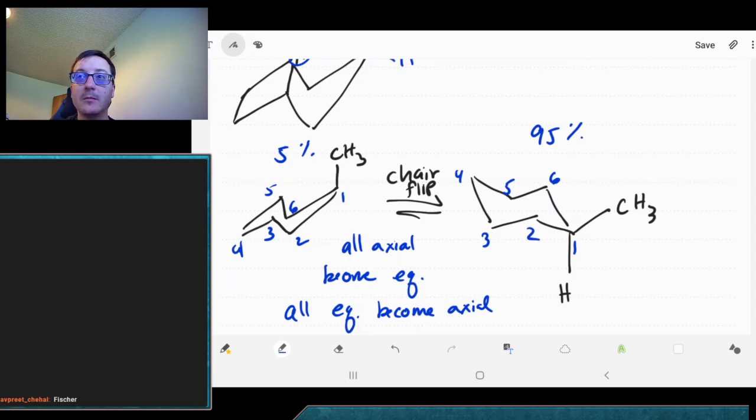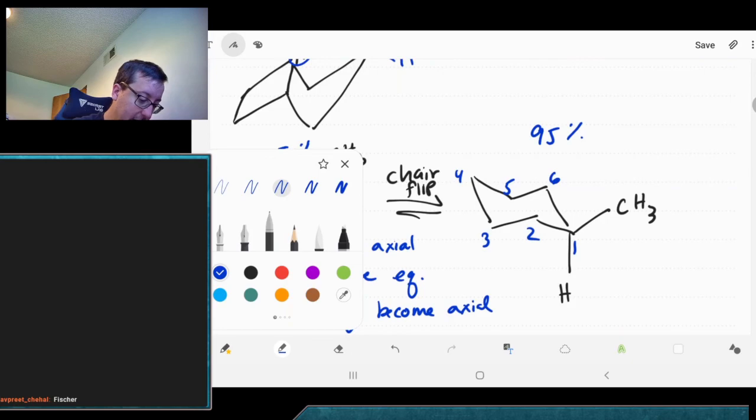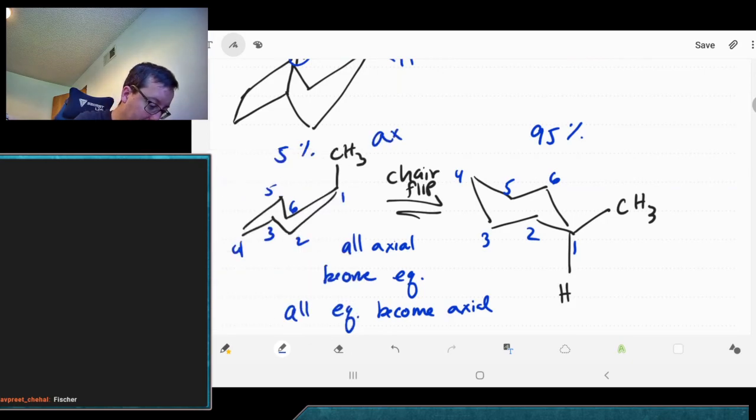So when we're flipping things, we essentially are drawing kind of a mirror image of our lightning bolt, our chair, apparently. And then we're just going to make sure that everything that was pointing up still points up, everything that's pointing down still points down. And so pointing up doesn't necessarily mean axial. In this case, pointing up is axial.